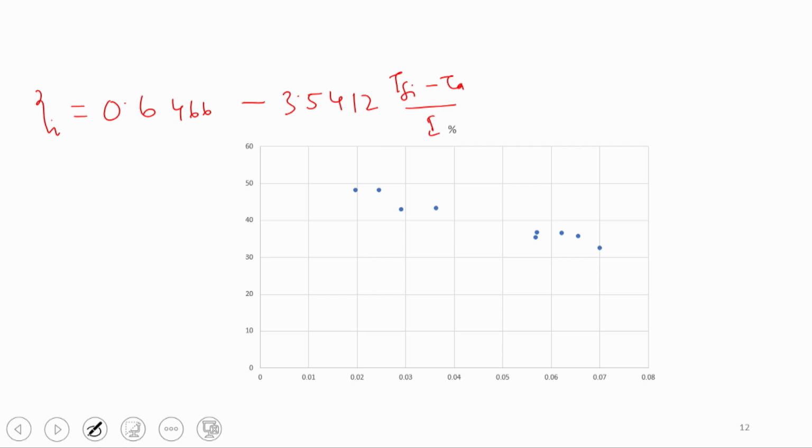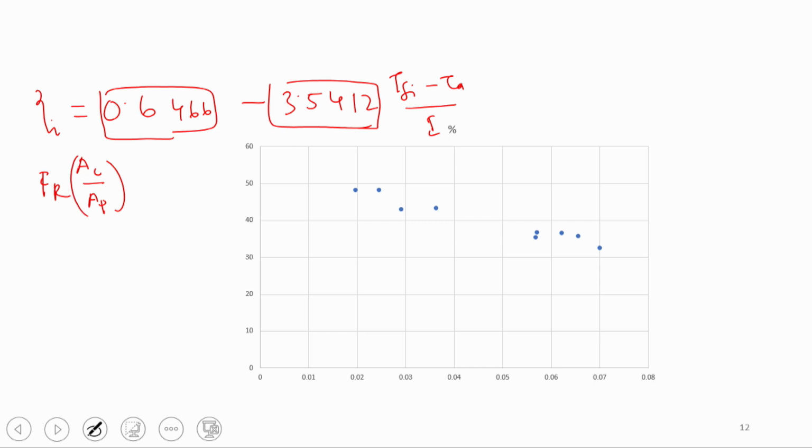0.6466. Okay, so what is this value now? You remember slope and intercept. This is intercept and then slope. So intercept was something like F_R (tau alpha) average times A_C by A_P, and this is equal to 0.6466, right?